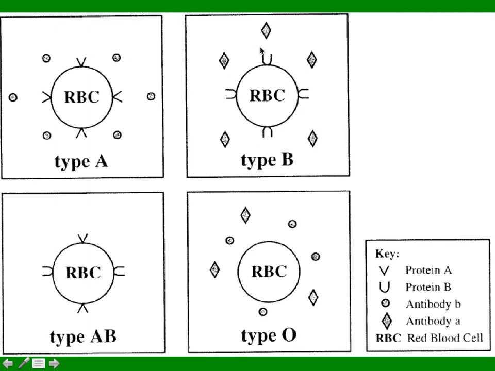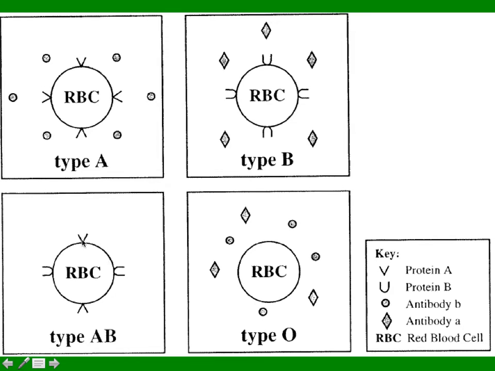Now, if you look at type B, it has a different shaped antigen, the type B protein, and a different shaped antibody, antibody A, around it in the plasma. You can also see that the antibody A would fit in a lock and key mechanism into the antigen, the protein on A. So that's what I mean by it will attack the protein A, whereas the antibody B won't. Those don't fit into each other.